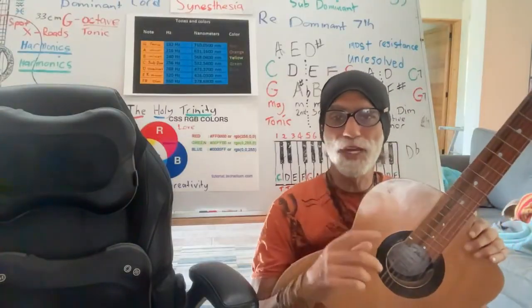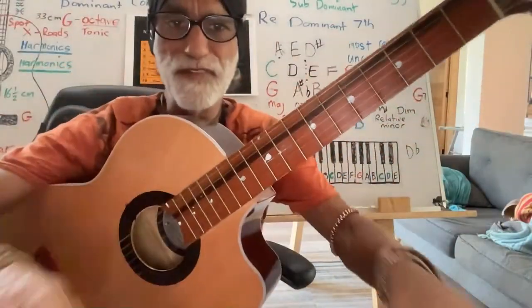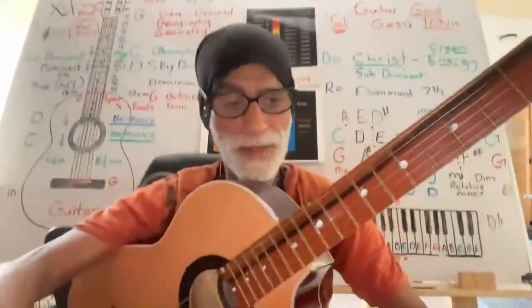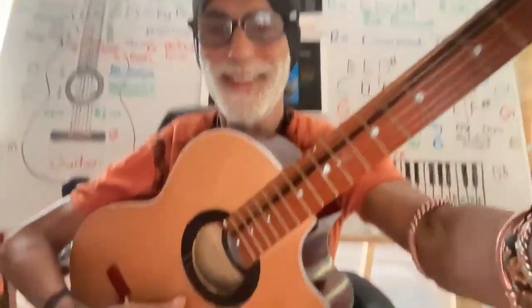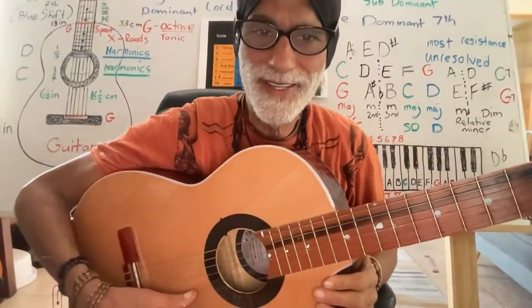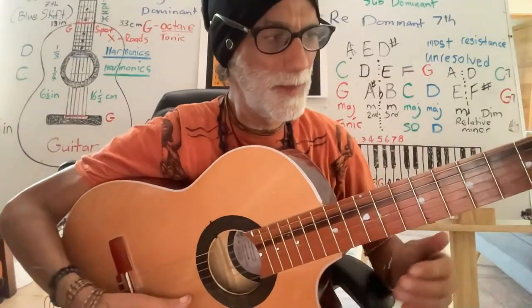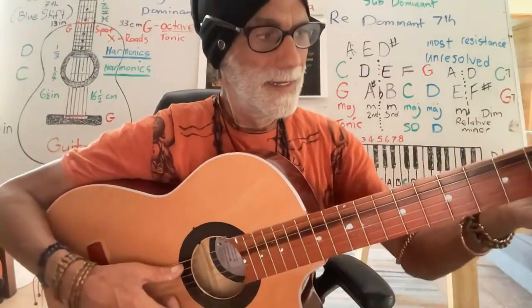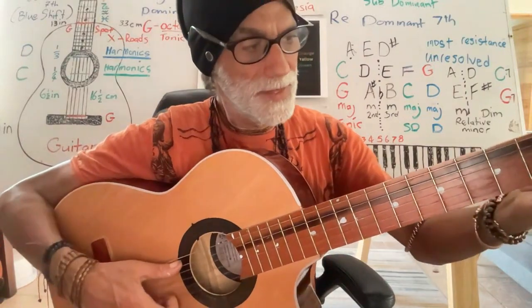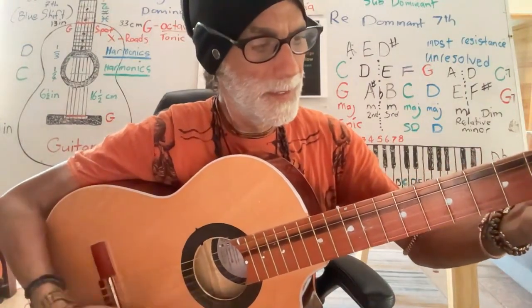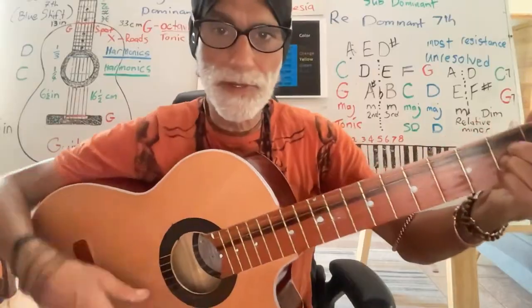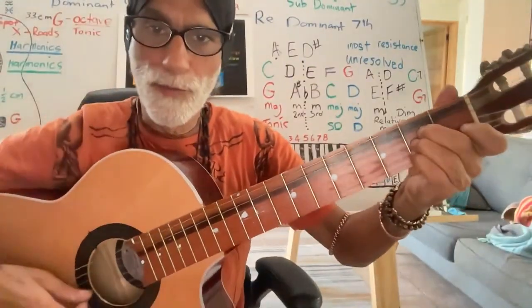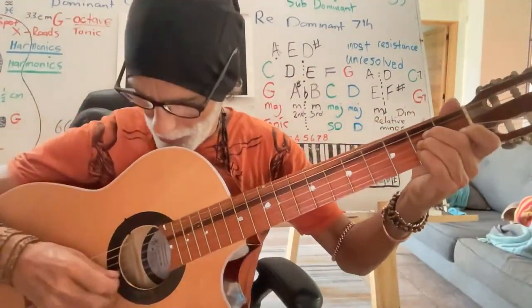For me to play a G minor, to make this sad, I would have to flatten the 3rd. Now that's going to be hard to do because the 3rd is here. So what I'm going to do is I'm going to play another chord. I'm going to play an A. All right, there's A, right? We know that this string is the only 3rd.